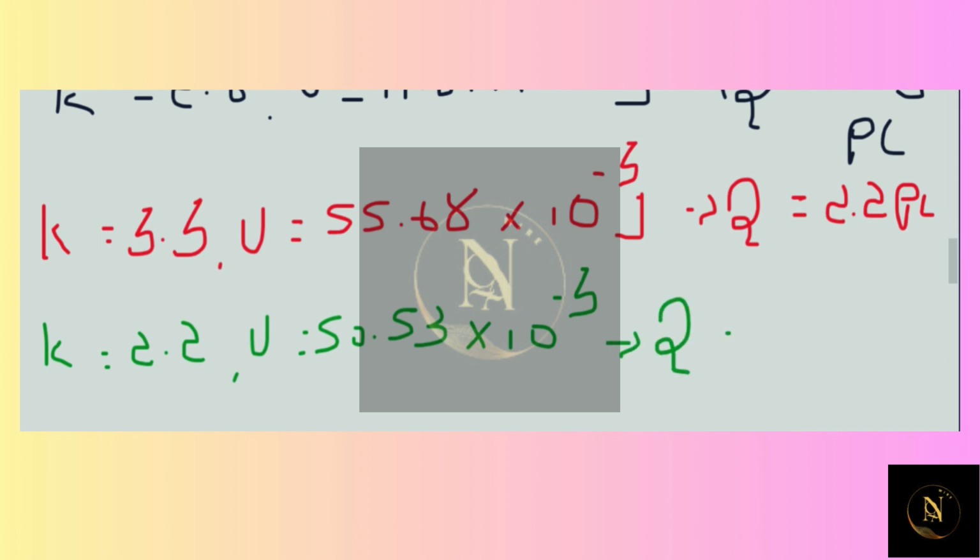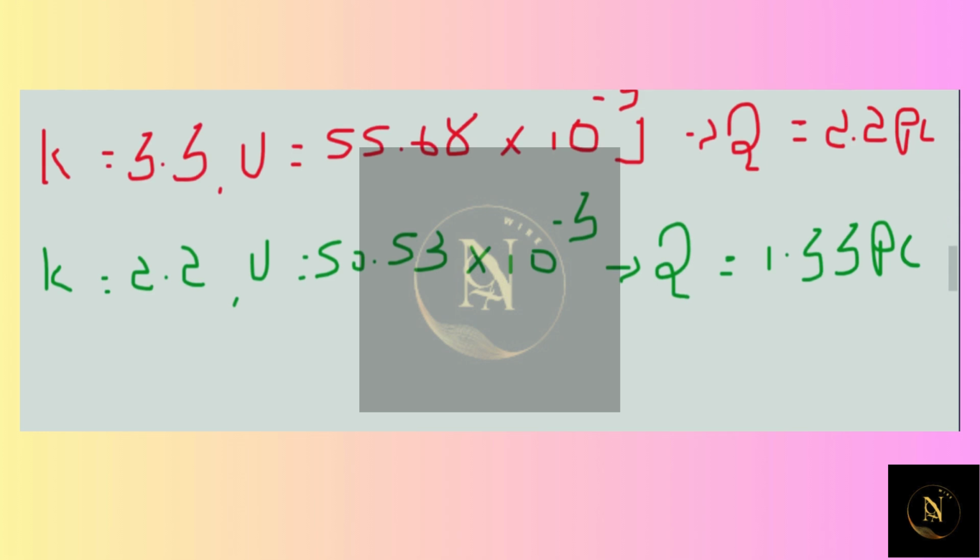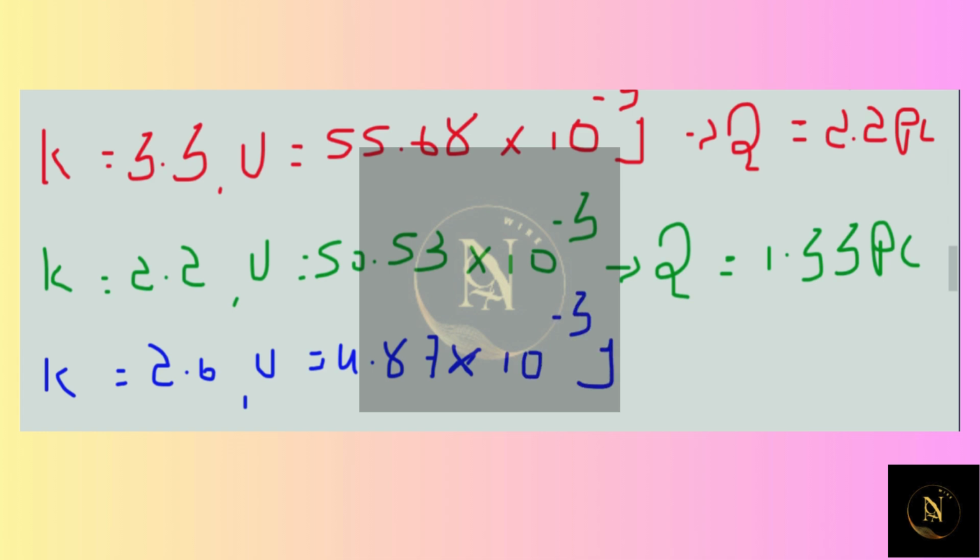So Q will be equivalent to 1.33 picocoulomb. For polystyrene, K is equal to 2.6, U is equal to 4.87 into 10 to power minus 3 joule. So Q will be equivalent to 0.15 picocoulomb.